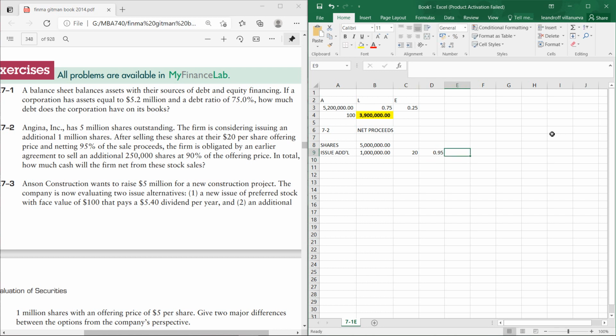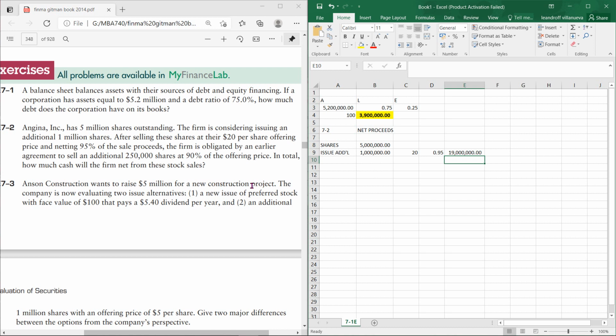Okay, so how much would that be? We just have to multiply this, right? Your number of shares and the market value, and how much would be the proceeds. So that would be around 19 million.